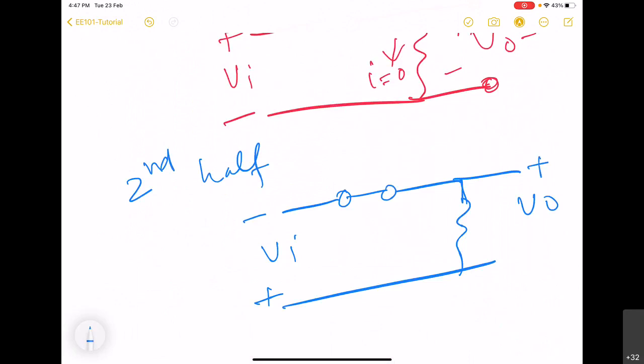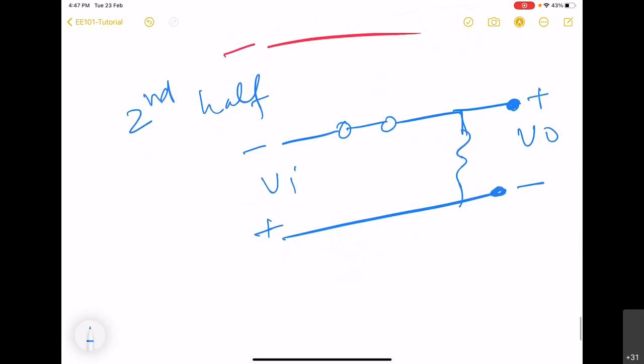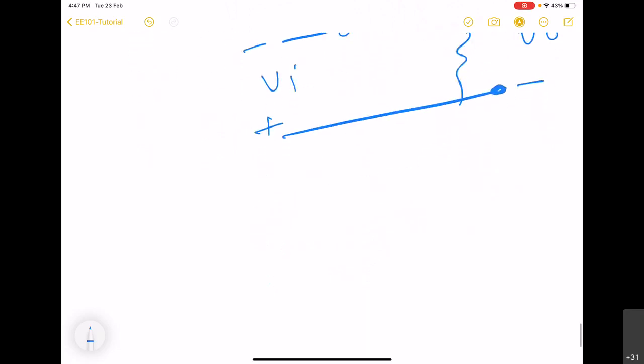Right? So the output is measured in this way. This is going to be the reference node, and the voltage of the upper node is going to be measured. In this case, we can see that the output is going to be the second half of the input itself, so Vo is going to be minus Vi.